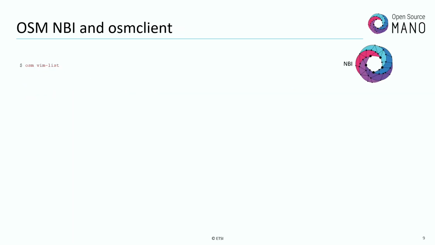Okay, the NBI and the OSM client. The NBI is an HTTP port. Depending upon how the Kubernetes was set up, it might be a direct node port, which means you're going to go to port 9999 of the Kubernetes cluster and talk to the NBI directly.